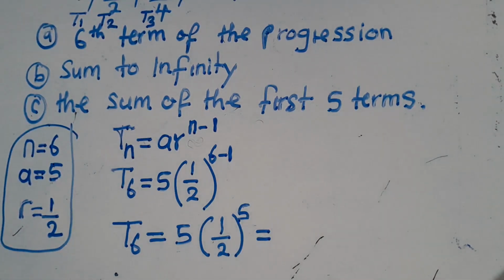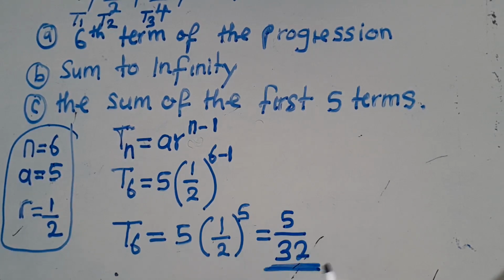I get my calculator. I say 5, open bracket, 1 over 2, close bracket, and then to the power 5. What answer am I getting? The answer that I'm getting is 5 over 32.